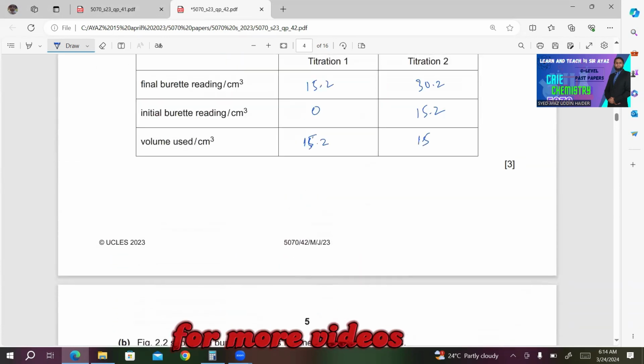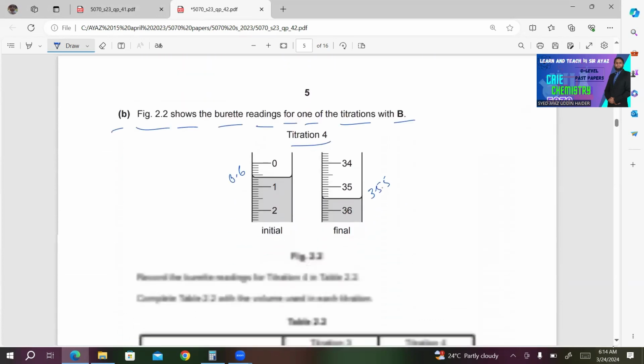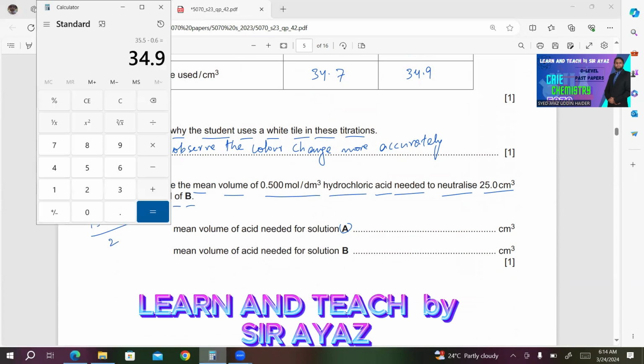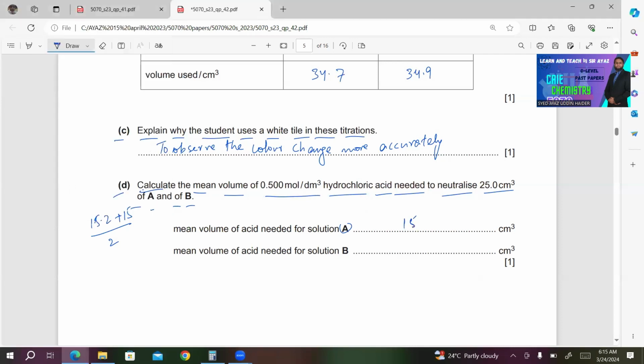We have 15.2 and 15. 15.2 plus 15 divided by 2 in order to get the mean value. So what will you get? You will get 15.1 for solution A.